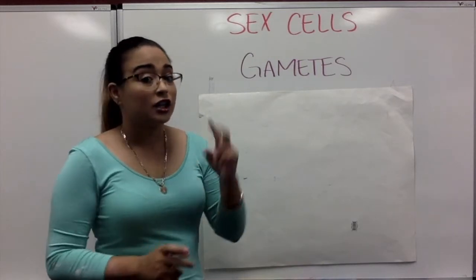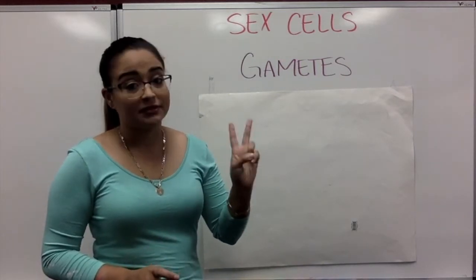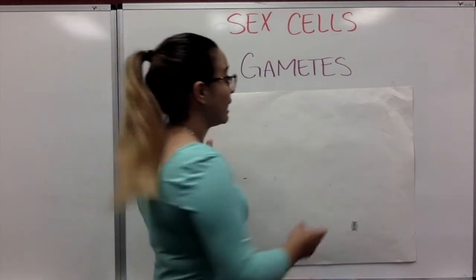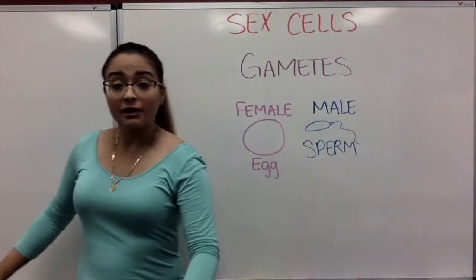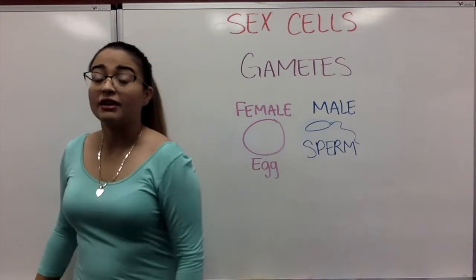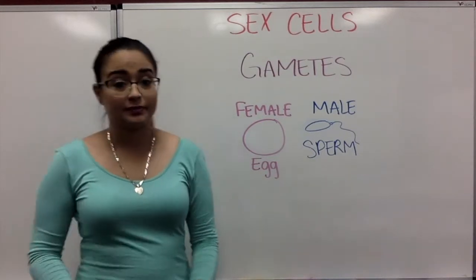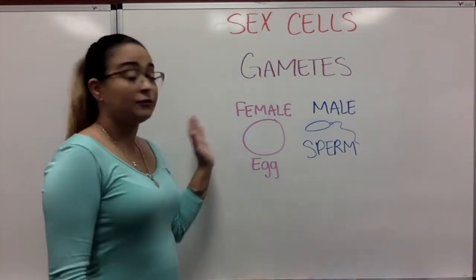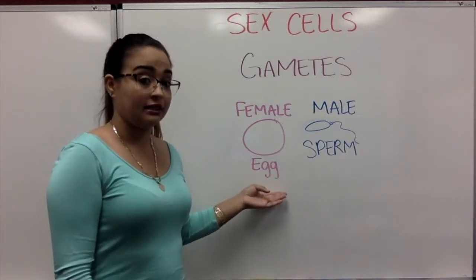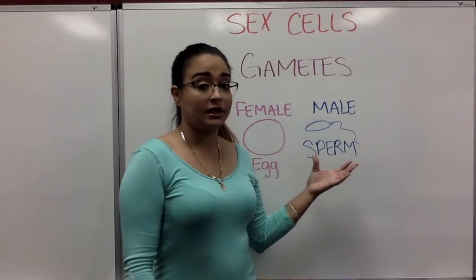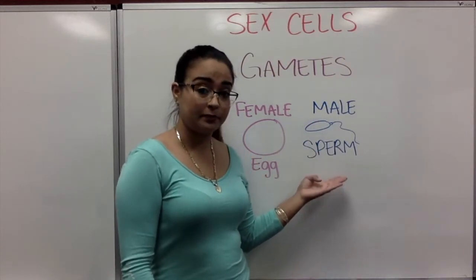So there are two types of gametes. We have female and we have male gametes. The female gamete or sex cell is called an egg, and the male gamete is called a sperm.